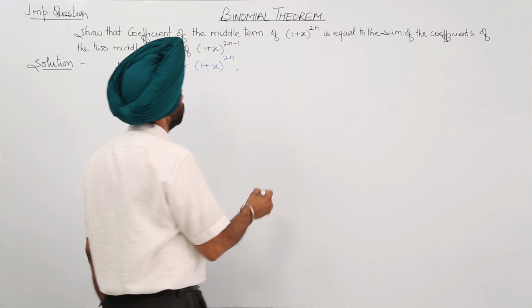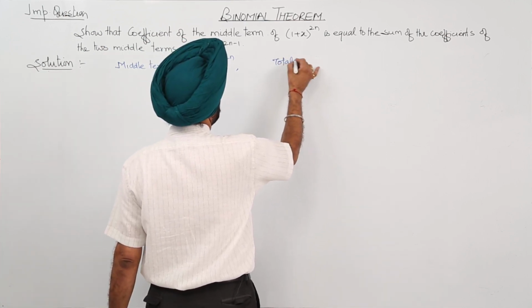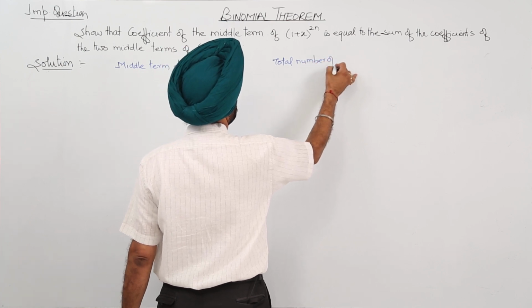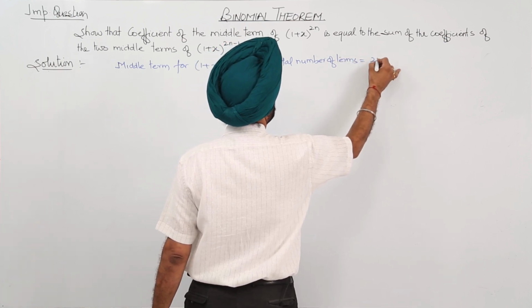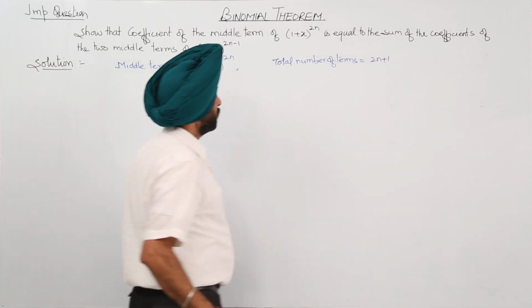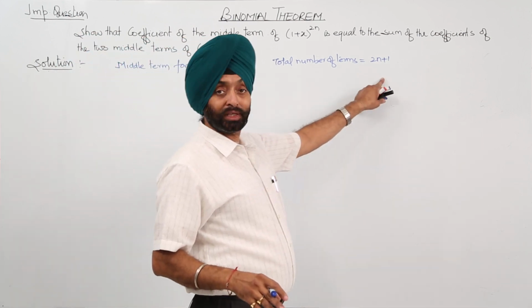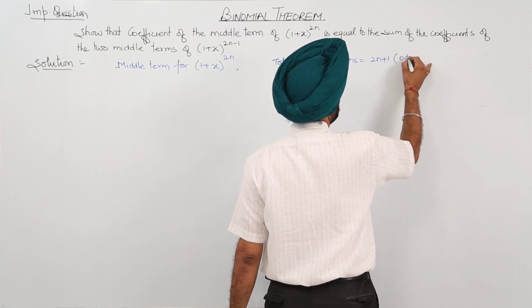Now here the total number of terms is equal to 2n + 1. Now twice of n means even number, so the total number of terms is odd.